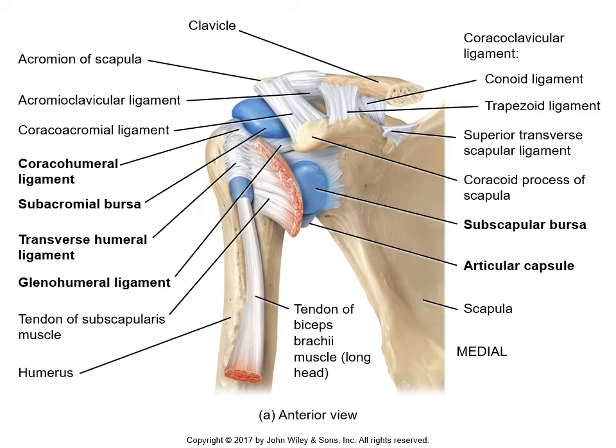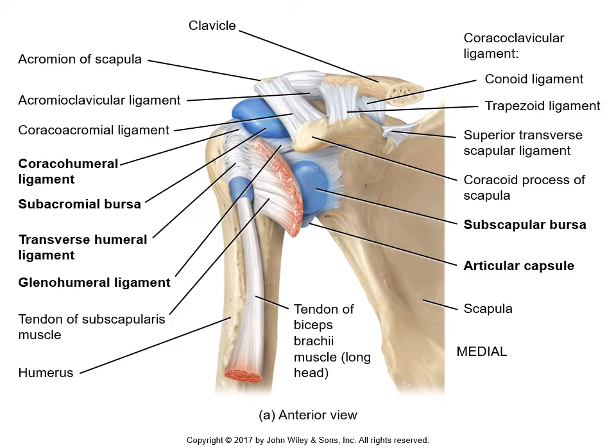Right, the whole purpose of the subacromial bursa, again, is to produce this synovial fluid, but outside of the joint, to prevent the tendons, to prevent the ligaments from essentially adhering, rubbing up against each other, causing friction, causing irritation, causing inflammation. That's the bursa in general, whichever one it happens to be.